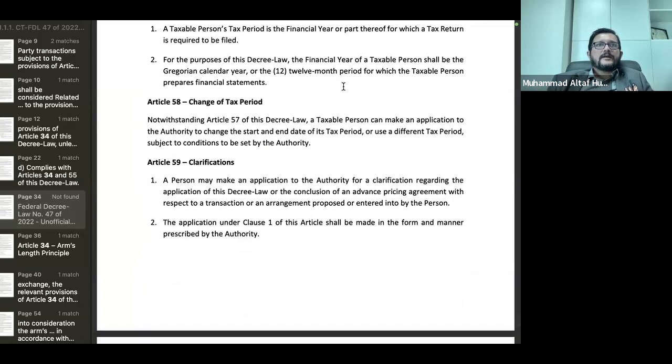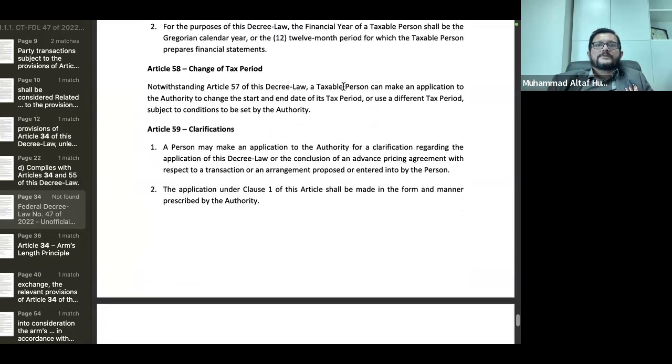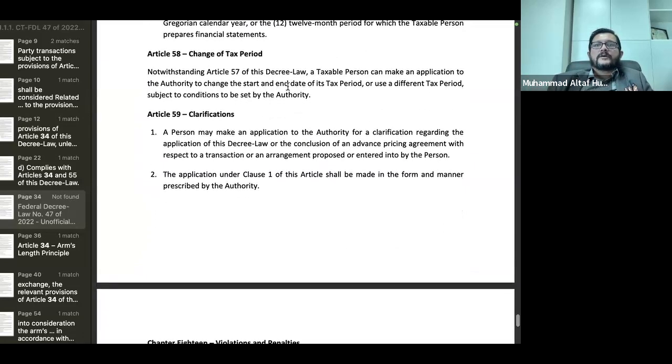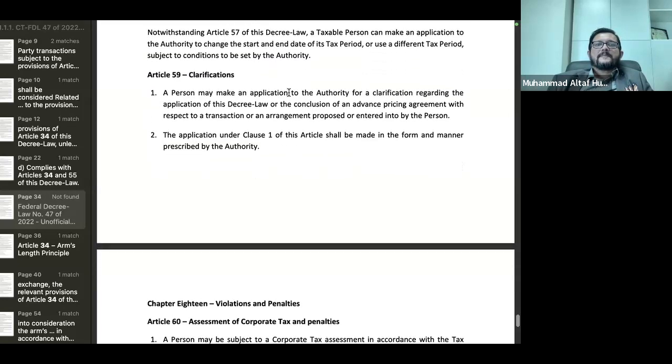Especially when liquidating or deregistering, it can be less also. Change in tax period is important. One can choose a different period, but GAAR will be there. If you choose a tax period that starts from, let's say, 5th of June, just so that you can avoid a full year of tax, that will be a question mark.